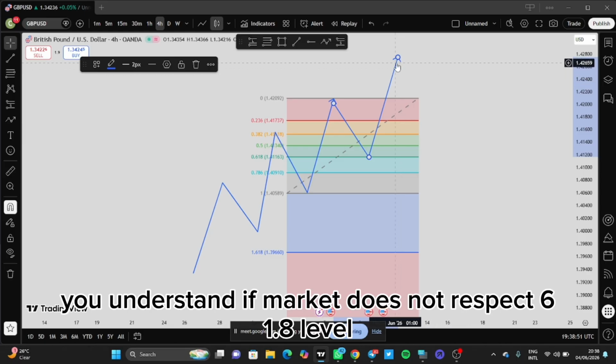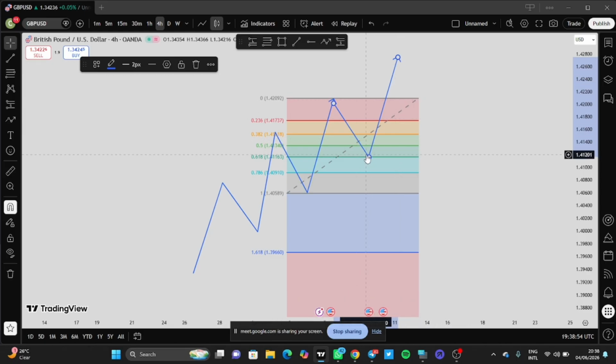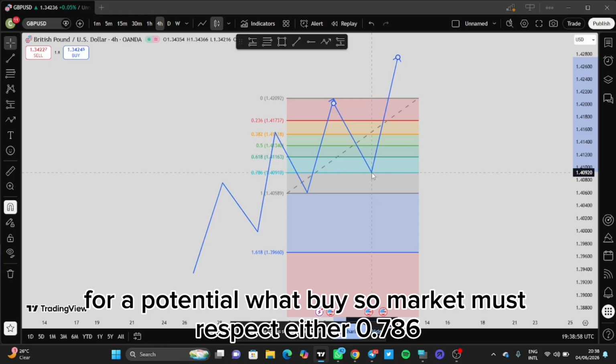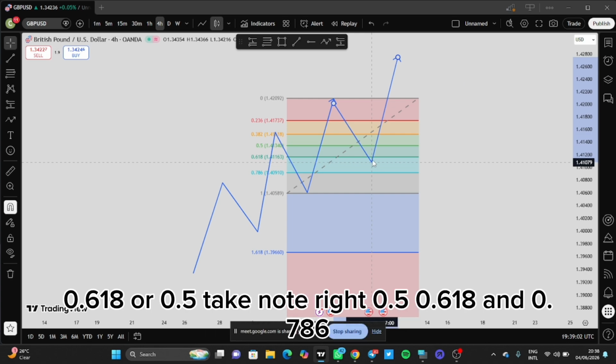You understand? If market does not respect the 61.8 level, then mark out 78.6 for a potential buy. So market must respect either 0.786, 0.618 or 0.5. Take note, right? 0.5, 0.618 and 0.786.